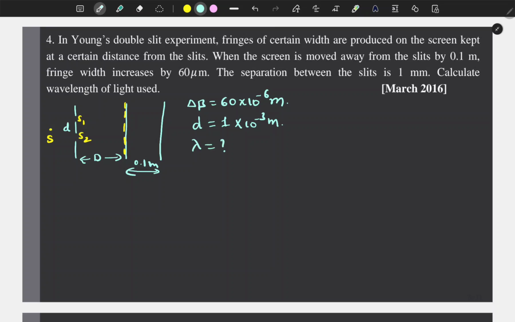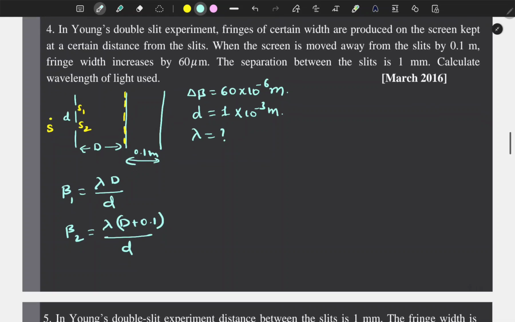So for capital D, the fringe width is given by beta 1 is equal to lambda capital D divided by small d. For beta 2, it is lambda only, but the distance will be capital D plus 0.1 divided by small d. So if you subtract these two, what happens?